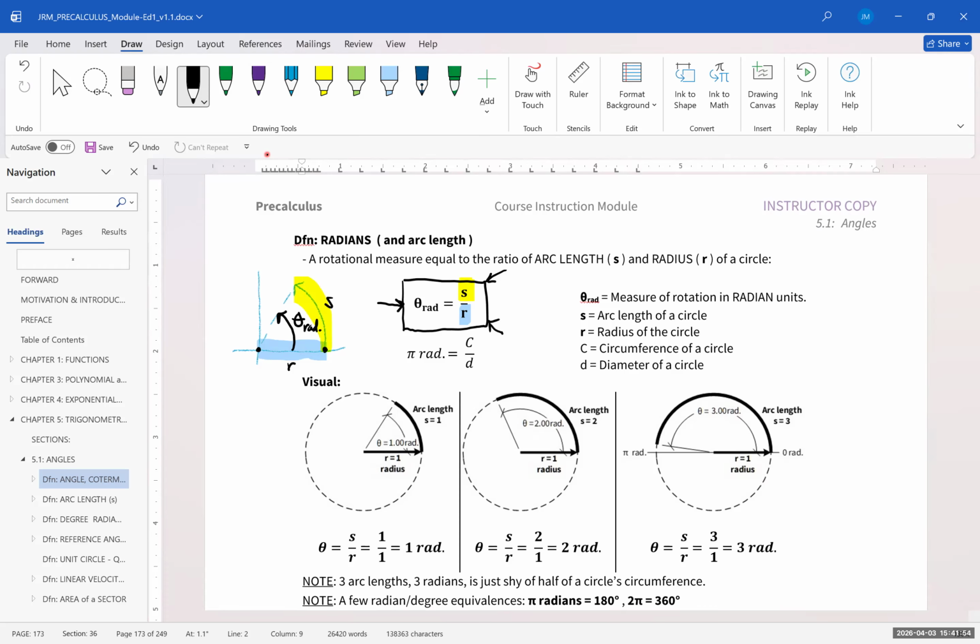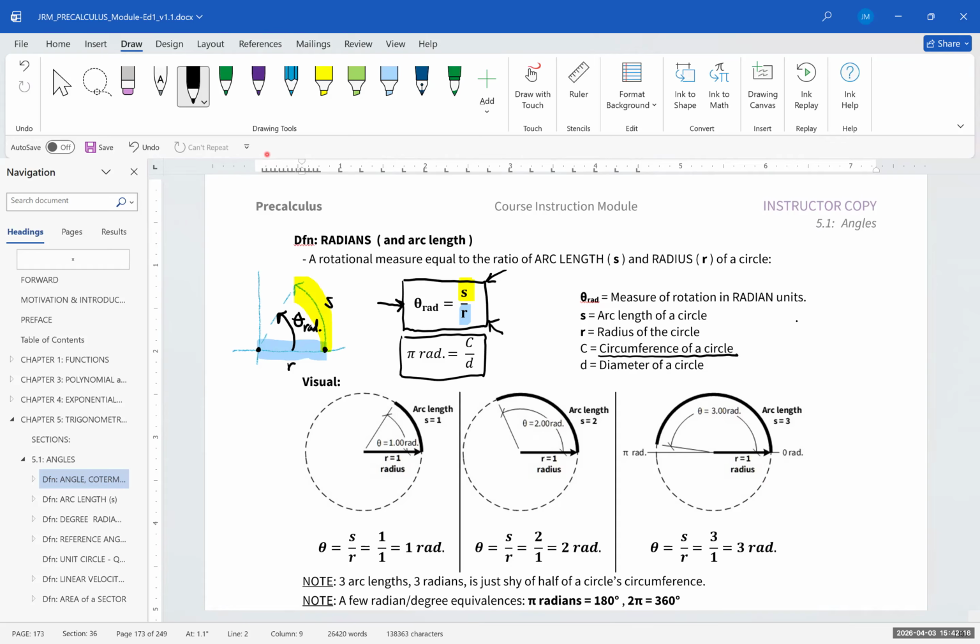Now, this equation actually stems from the definition of how we get pi. So how do we get pi? Well, pi is equal to the circumference of a circle divided by its diameter.